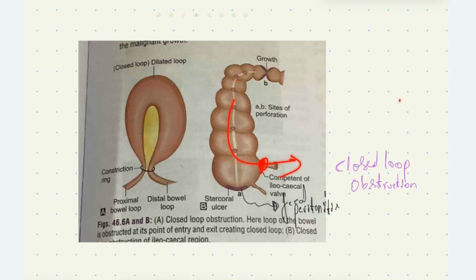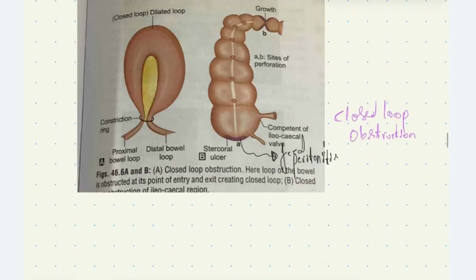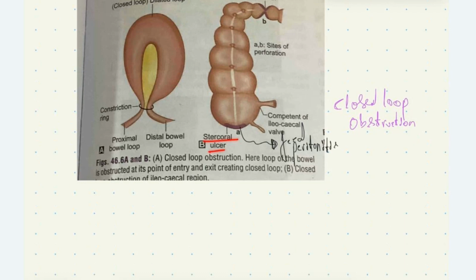So there is obstruction at two sites, causing dilatation of this part of the colon, and this may eventually form a stercoral ulcer, which is an ulcer formed due to hardened feces, causing pressure necrosis of the mucosa. Following this, there may be fecal peritonitis following the formation of the stercoral ulcer. This is about closed loop obstruction.